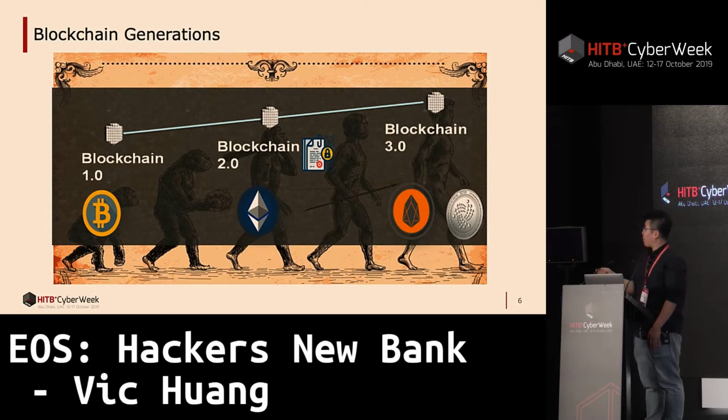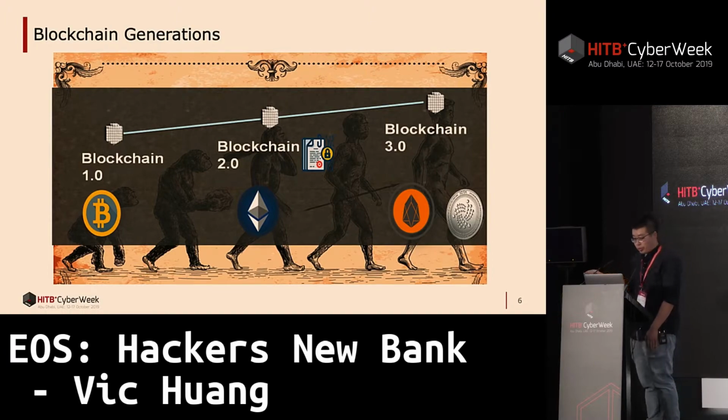But because developers make mistakes, a lot of attacks started to show up on generation 2 blockchains. If you have heard of the DAO attack on Ethereum, it was a reentrancy attack, and it forced Ethereum to fork its chain into Ethereum and Ethereum Classic.